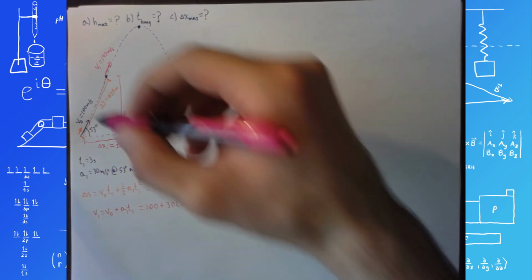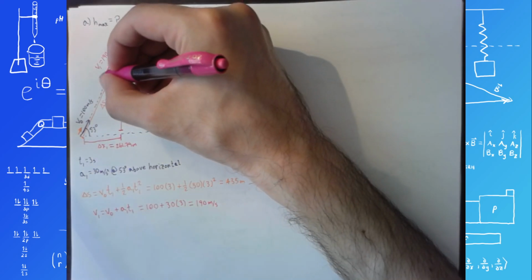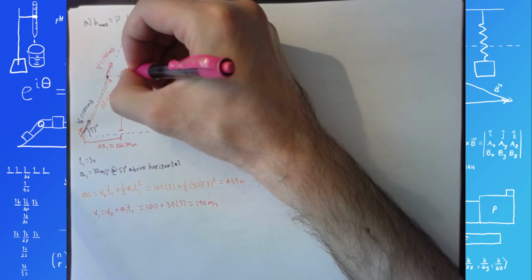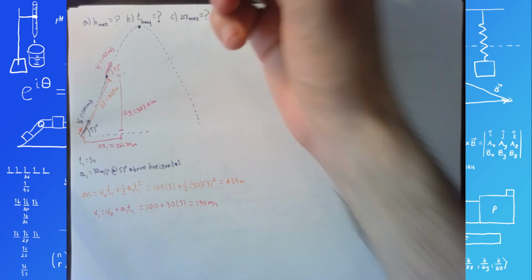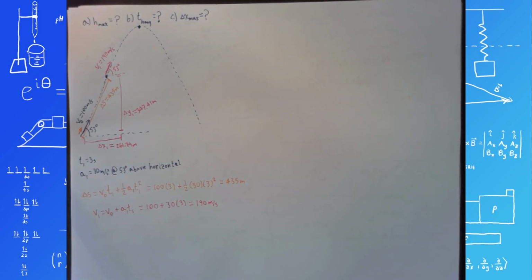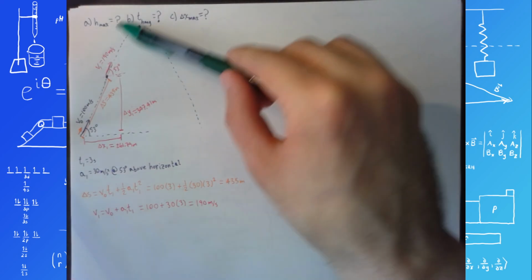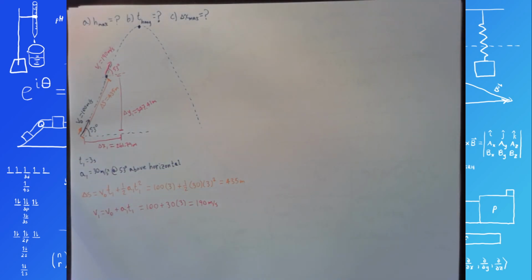And because all this motion happened in a straight line, v1 is still at an angle of 53 degrees above horizontal. This means we can now break v1 into components, because from this point onward it's projectile motion. Knowing that it's 53 degrees allows me to break v1 into components. I'm going to call them vx1 and vy1.